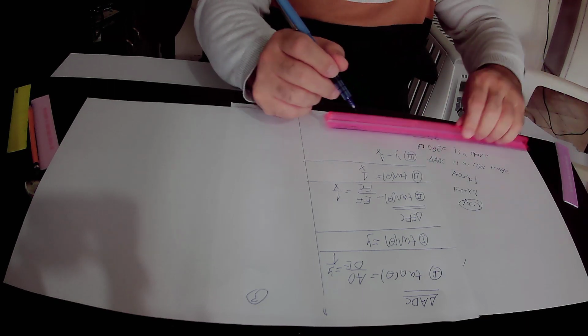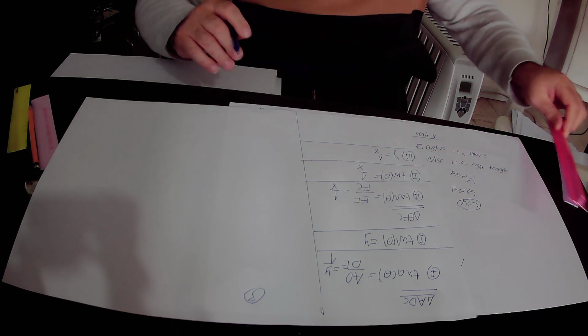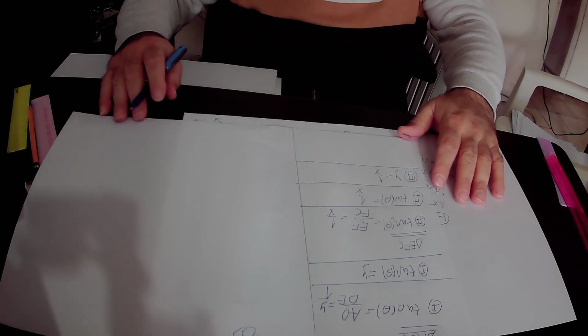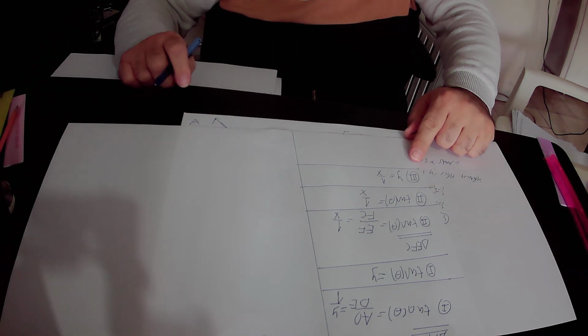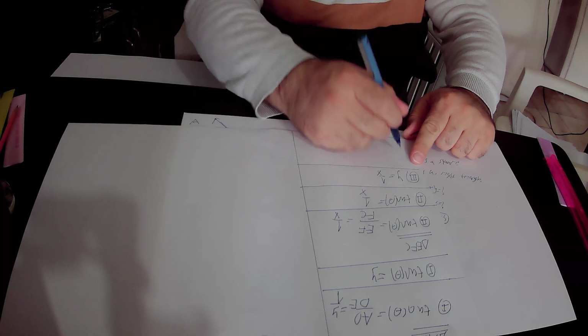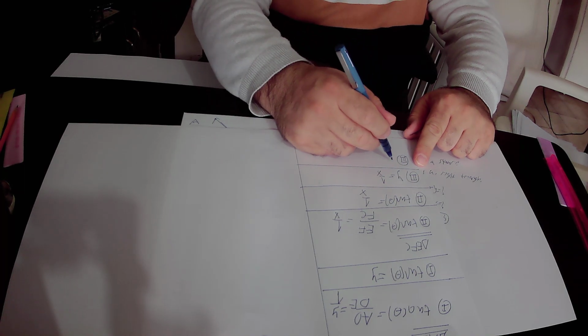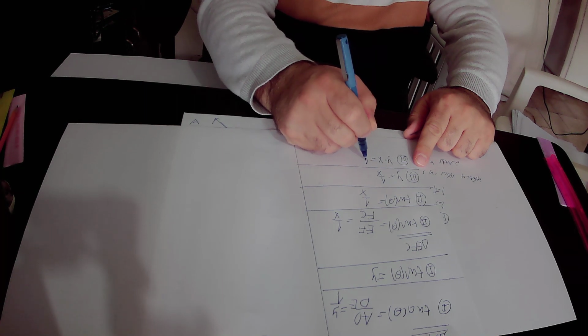So in conclusion, according to equation number 3, y equals 1 over x. So here we will multiply equation number 3 by x, and we will get that y times x equals 1.